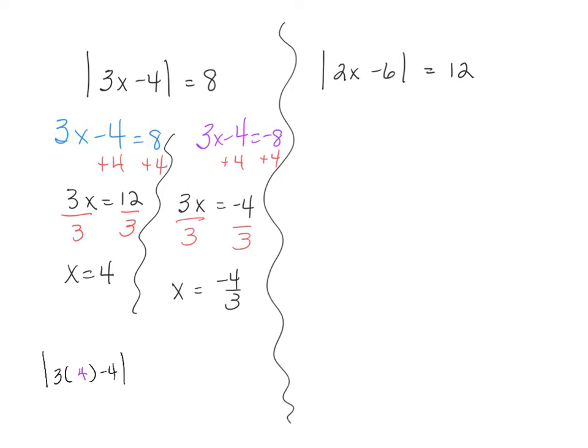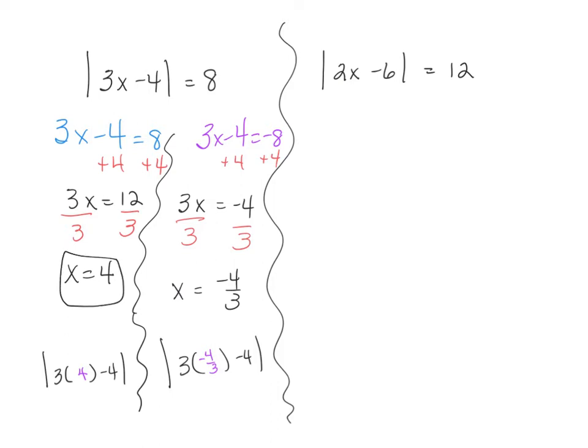And if I plug in my other one, we're going to put a negative 4/3 there. So let's review these. If I do 3 times 4, that's 12, minus 4 is 8. Absolute value of 8 is 8. This answer works. That one's good.